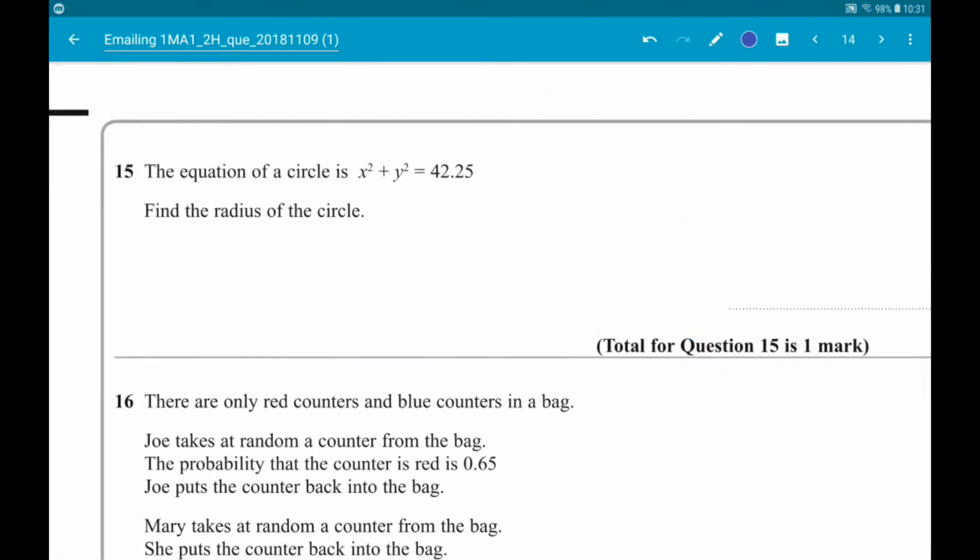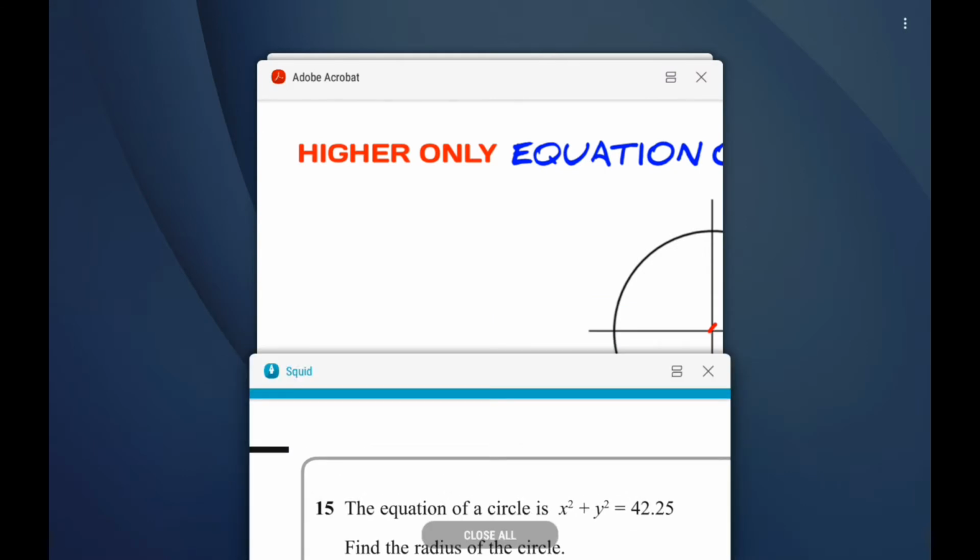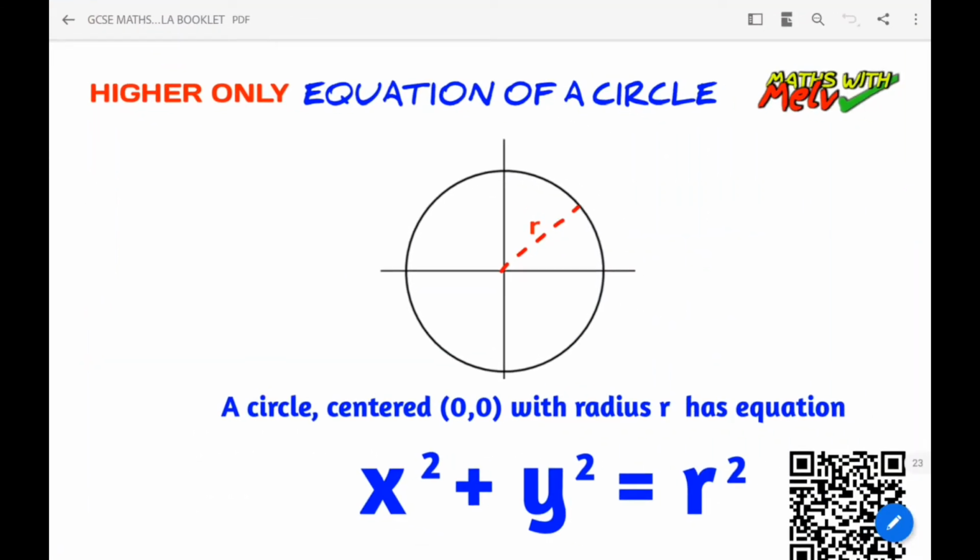Okay, number 15, the equation of a circle is x squared and y squared equals 42.25. We want to find the radius of the circle. So, equations of circles are in my booklet. Circles centered at 0, 0 have equation x squared and y squared is equal to the radius squared.